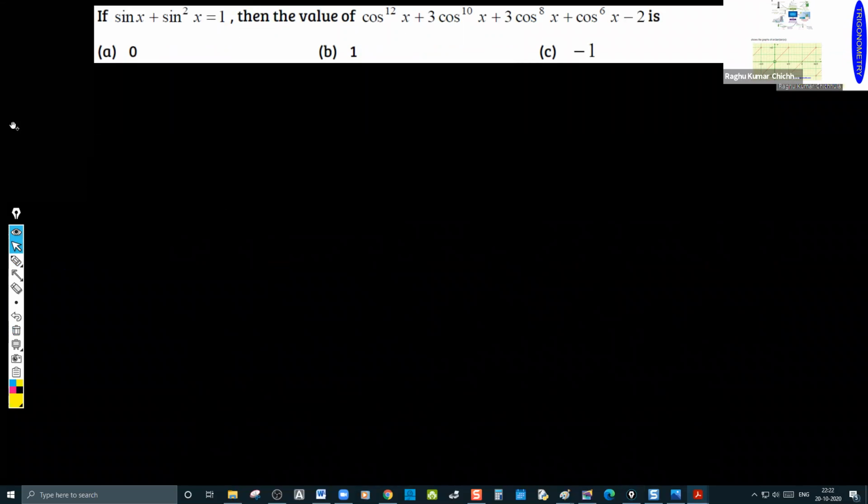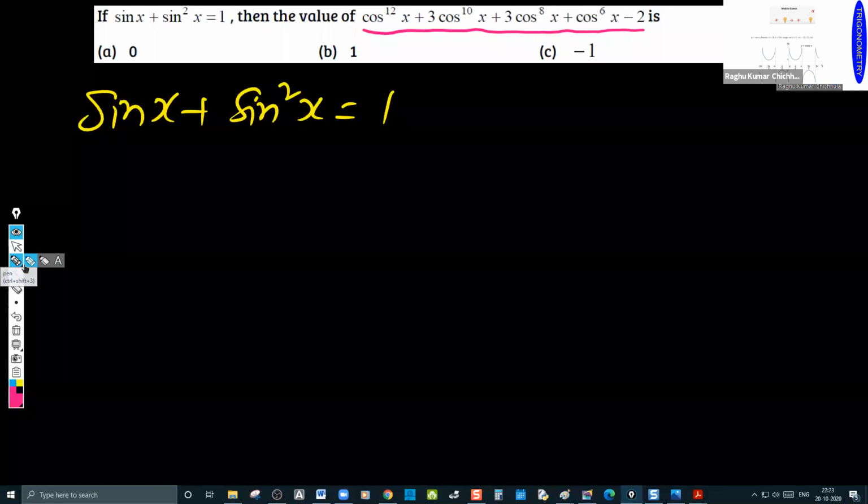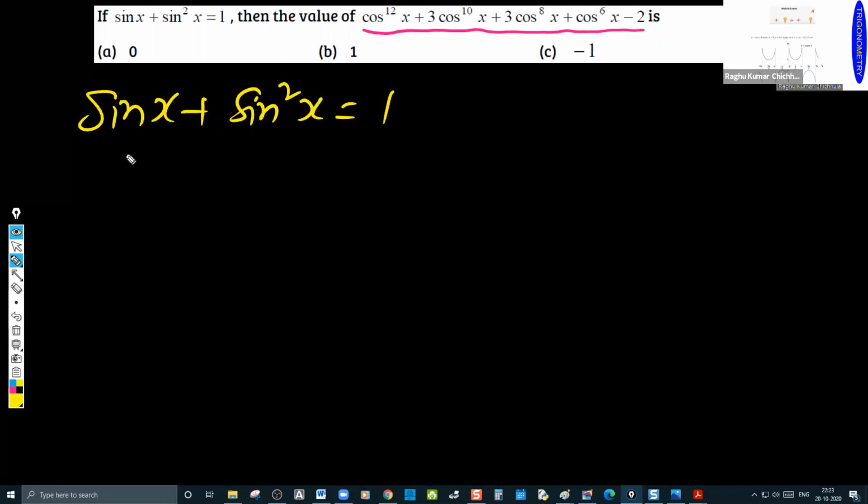Now, this one, please. This is also a good question. It's also a previous question. What is given? Sin x plus sin square x is equal to 1. Now, if you see the expression whose value is to be simplified, it is to be totaled in terms of cos.